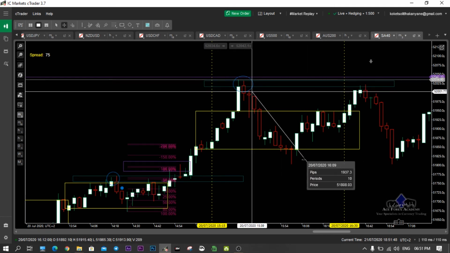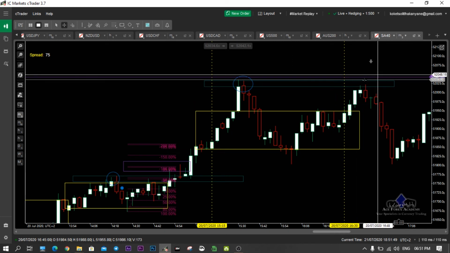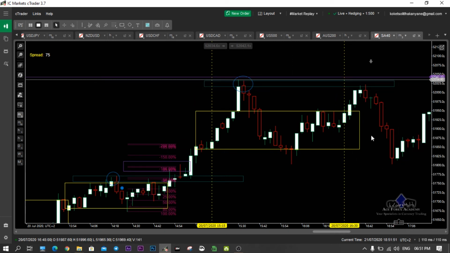As you can see, price came to the downside, then entered our area, and then pushed back to the downside, with buyers taking profit here because they forecasted the swing high, and sellers entering the market here because they forecasted that the price would be high based on the history.